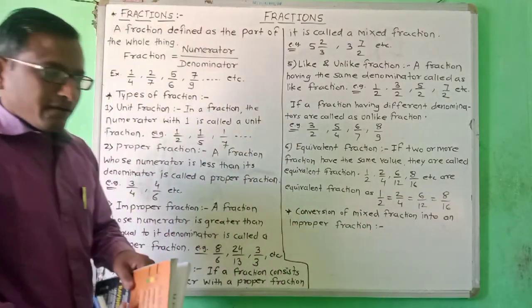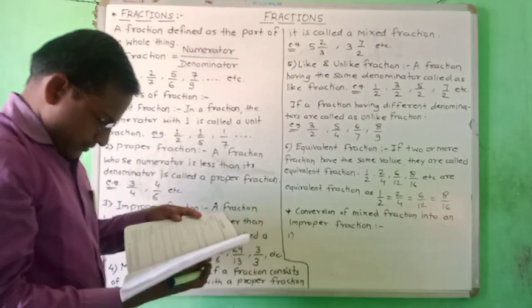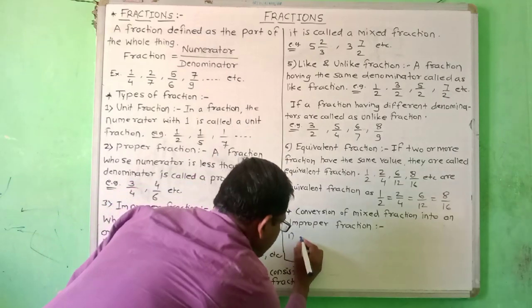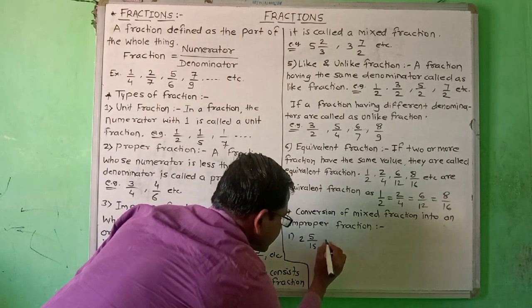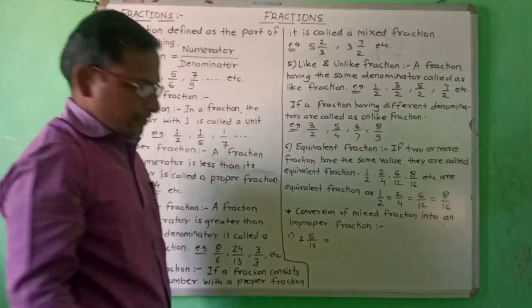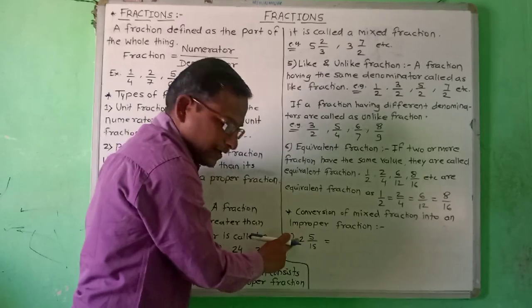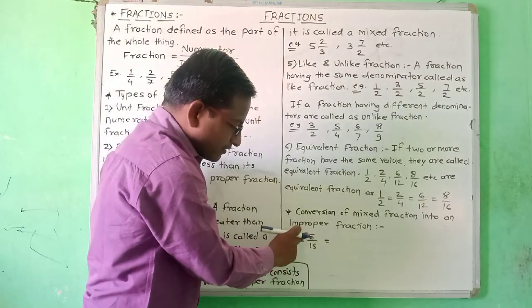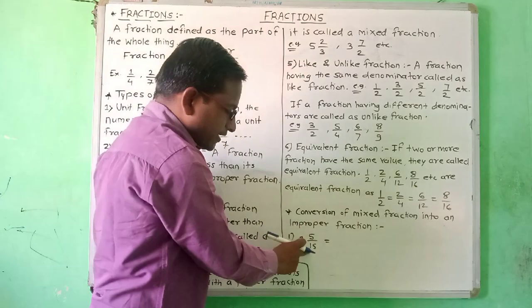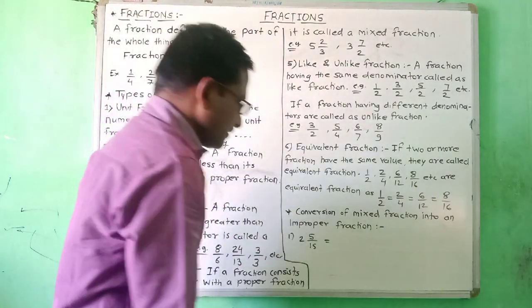See here, I take one example. Two integer 5/15. See here, 15 multiplied by 2 is 30, and plus 5, 30 plus 5, 35. 35 upon 15.